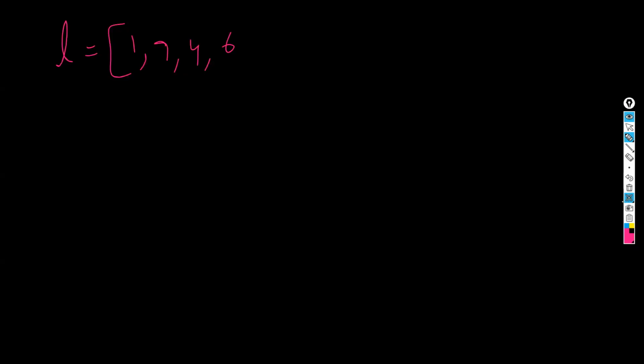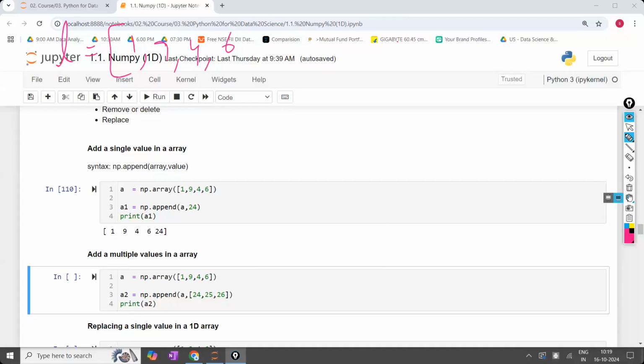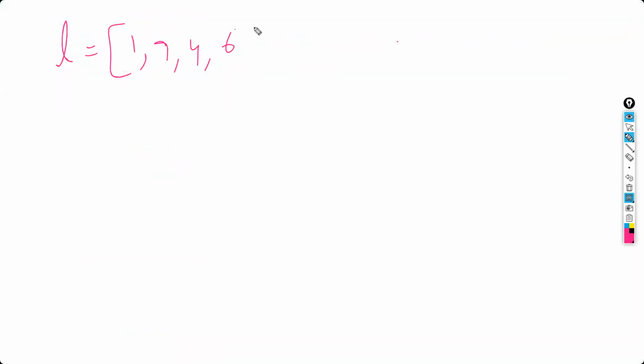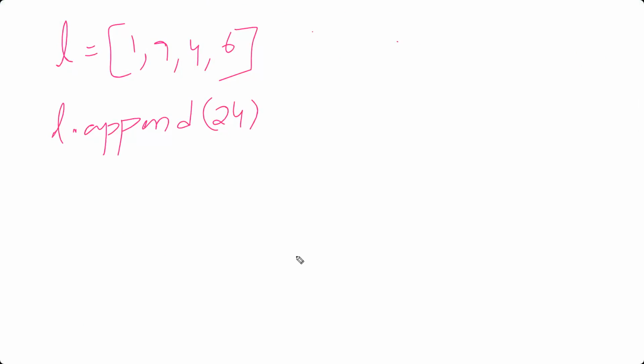That type of indexing is possible only in NumPy. L is equal to, you are having like this. Now L dot append of 24. Now what happens? It is adding the 24 at the end.